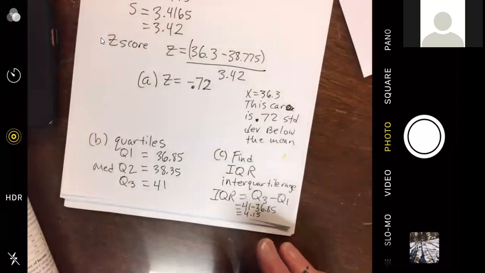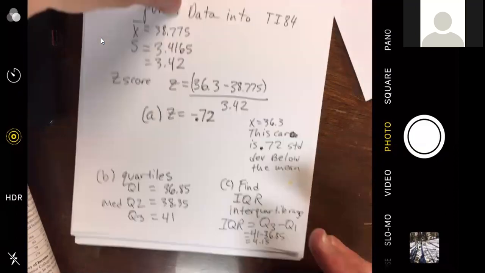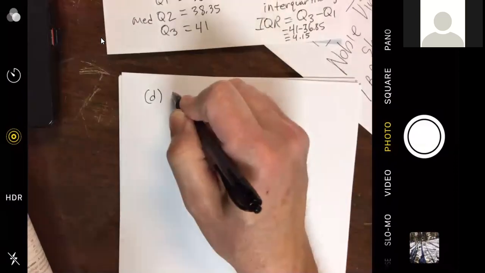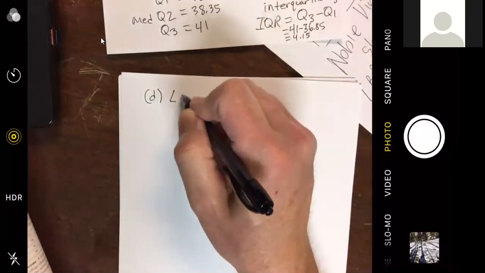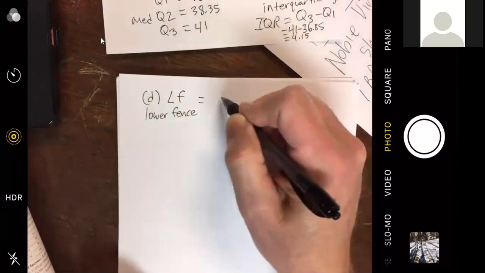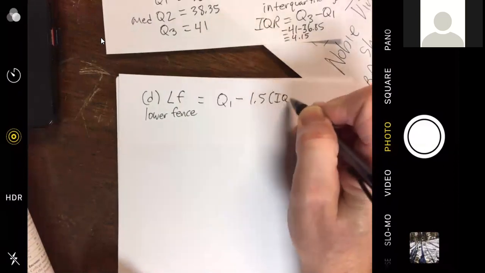And finally, we go too fast. Upper and lower fences. Lower and upper fences. D. Lower fence. Hope you remember from Monday, that is Q1 subtract 1.5 times the IQR.